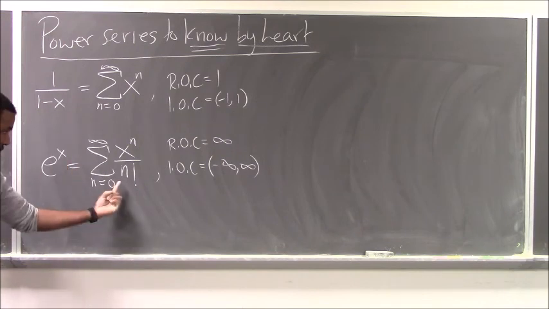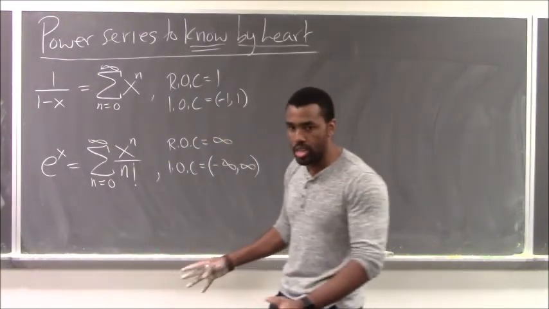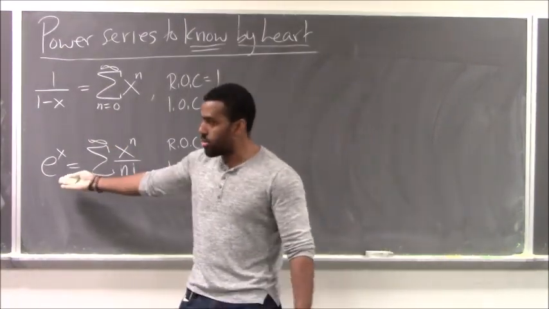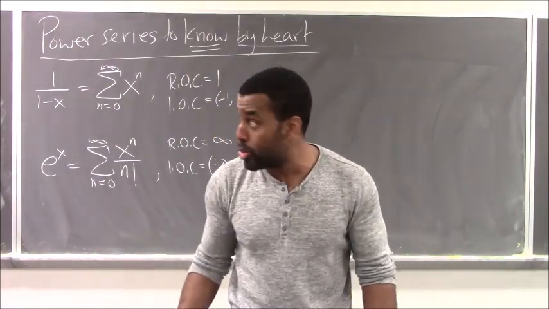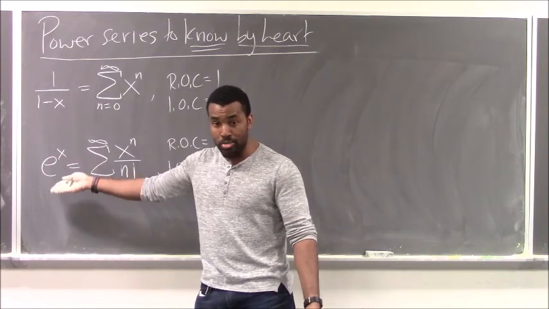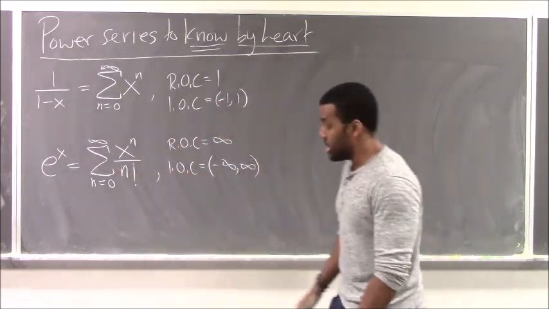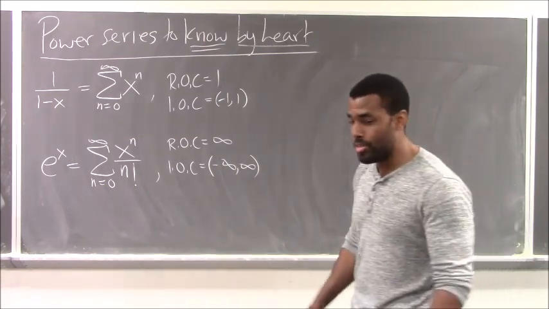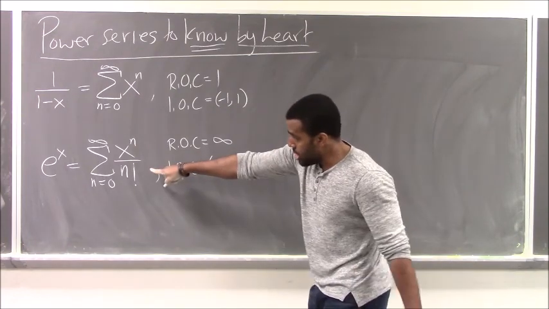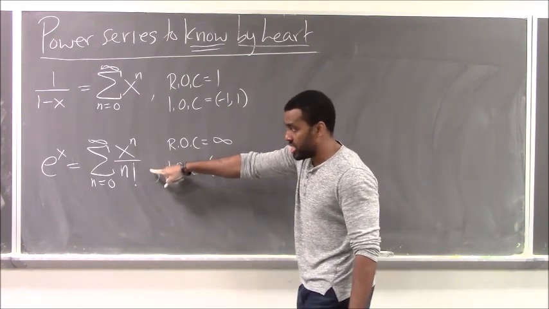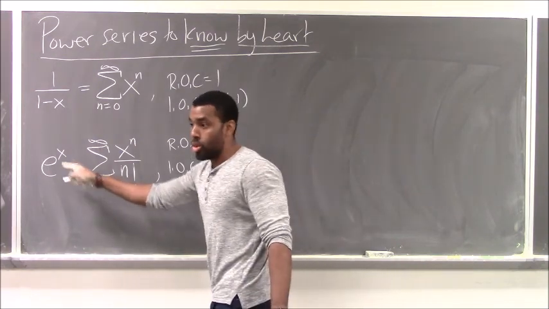This series and this function should be considered exactly the same thing. They're one and the same. This is just another way of writing that guy down. In the same way that 1 plus 1 is just another way of writing 2, this series is another way of writing e to the x. And there are all sorts of applications that we can take advantage of because of this, but we're going to talk about what that means in a little bit. So the power series for e to the x, the Maclaurin series, you should know by heart. You should also understand that it is equal to e to the x.